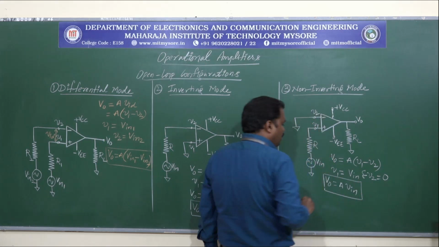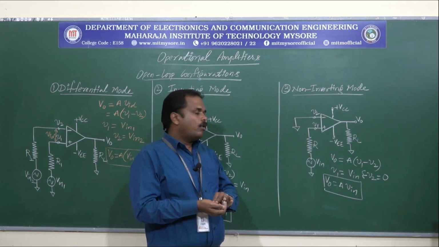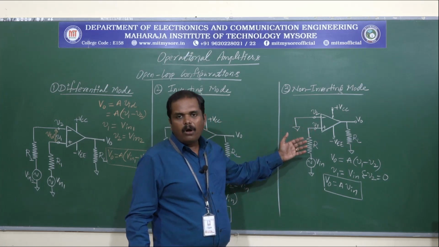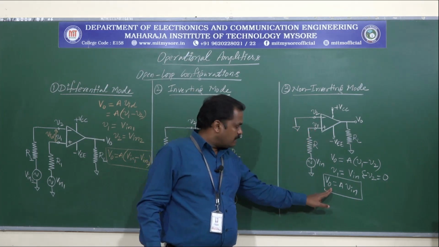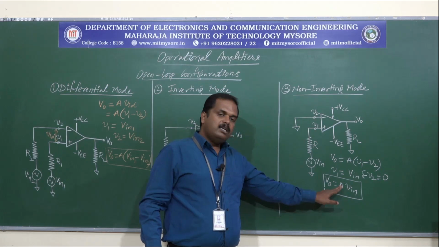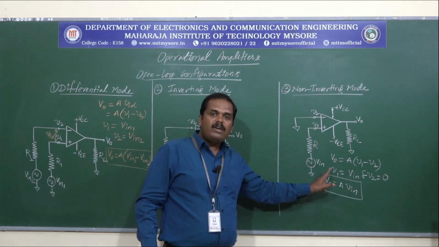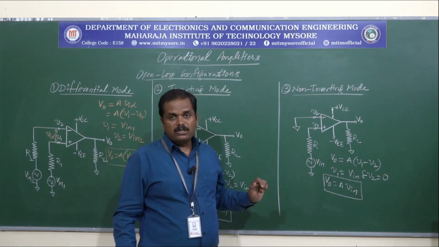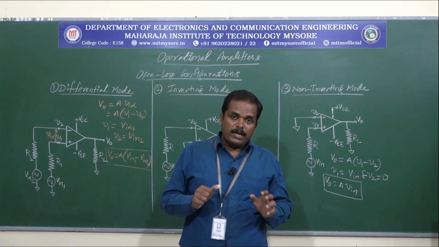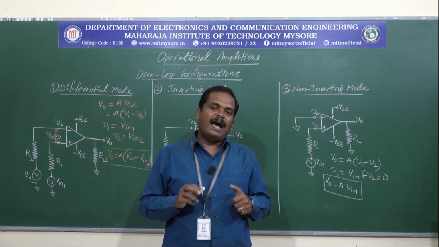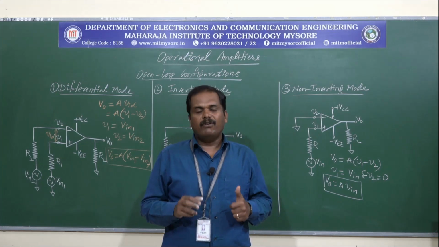So this is the output expression for an op-amp connected in non-inverting mode. Here we can see the output signal is the amplified version of the input signal and is in phase with the input signal.